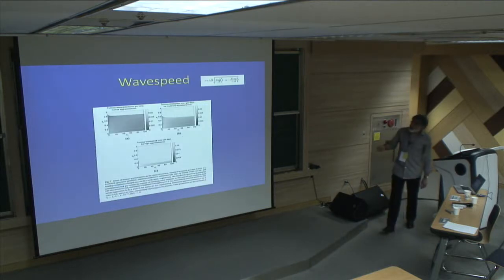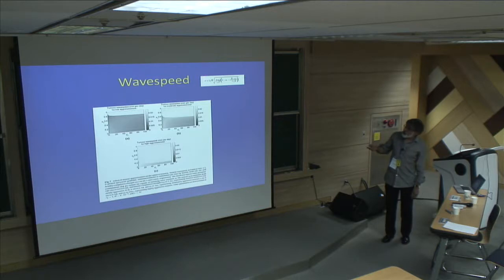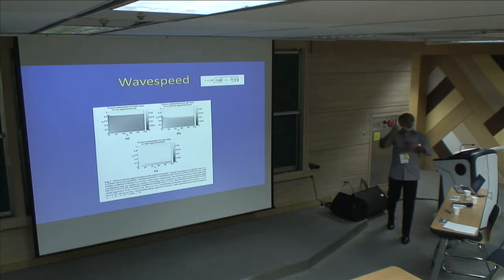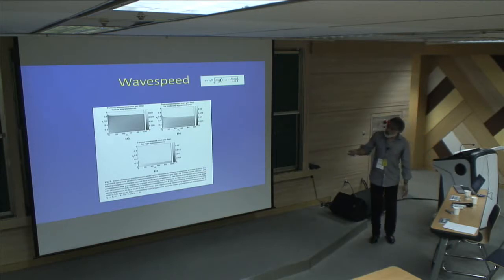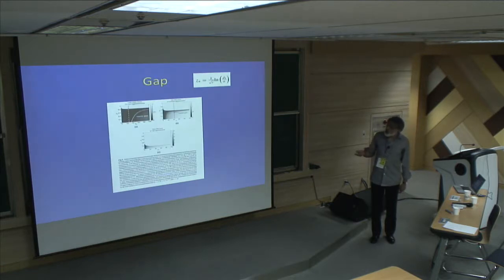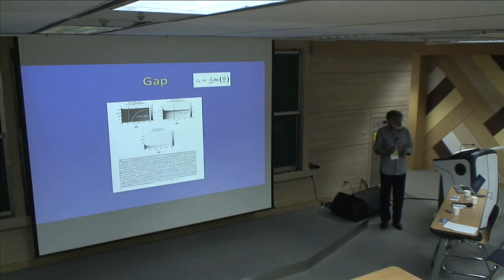You can't see this here, which is a good job, because this is the wave speed in terms of the parameters of the model, and also in terms of various other things that come about from doing all this analysis. But what you can do in the end is plot diagrams like this, where you can see how the wave speed depends on the different parameter values. And you can do the same thing for how the width of the gap depends on all the different parameter values.